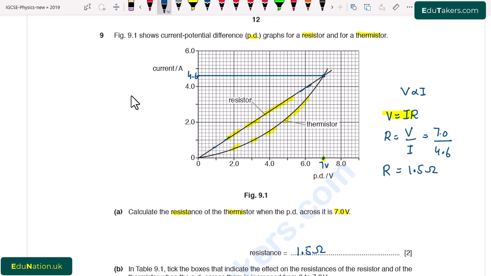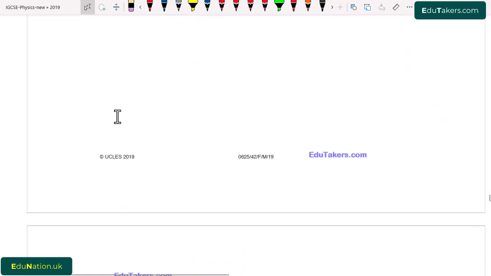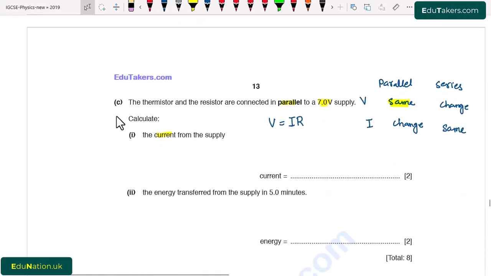So we can simply say that in the parallel circuit, when we have to find out the total current, we just add all of the individual current.